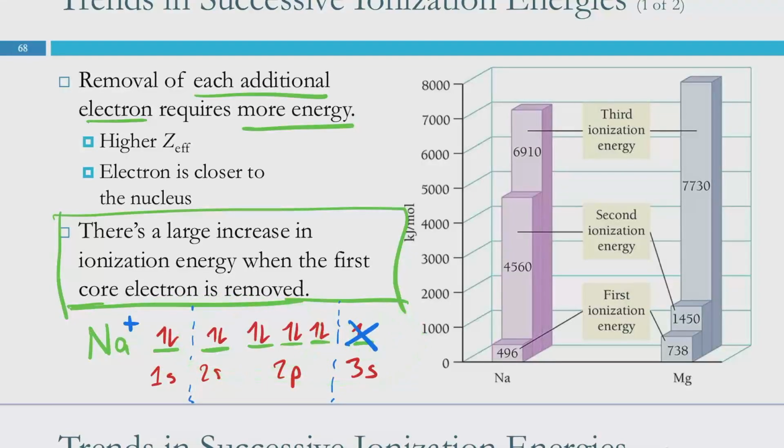It's experiencing a Z effective of 1, an effective nuclear charge of 1 plus. So it's not held very tightly. When we bust into this next shell, our effective nuclear charge is now 8 or 9 because we've only got shielding from the 2 core electrons relative to these. So they're less shielded, they're more stabilized because they experience that higher effective nuclear charge.